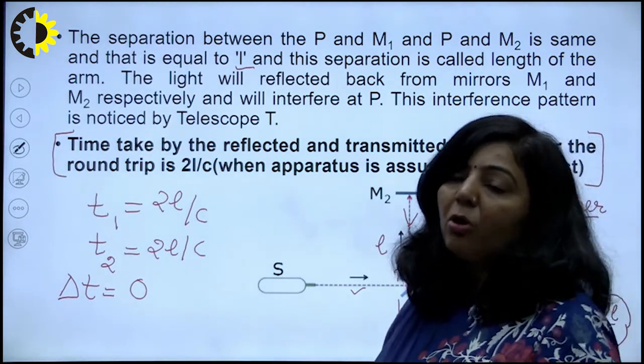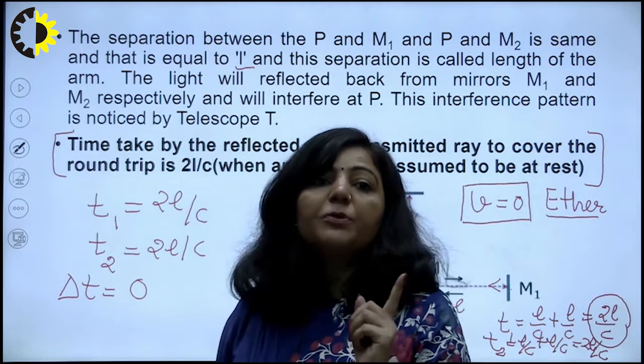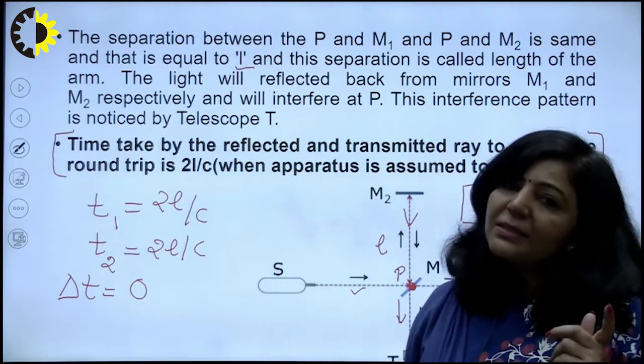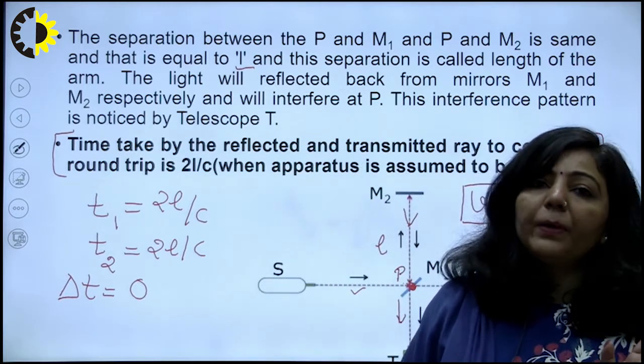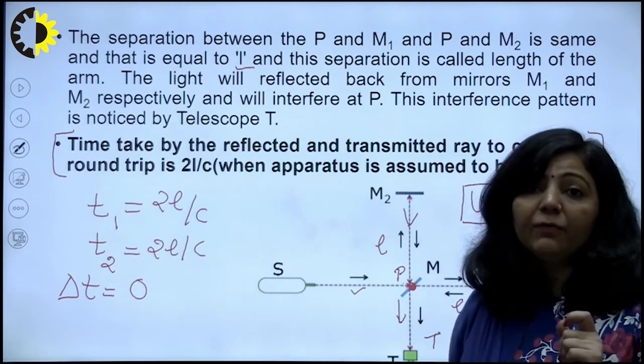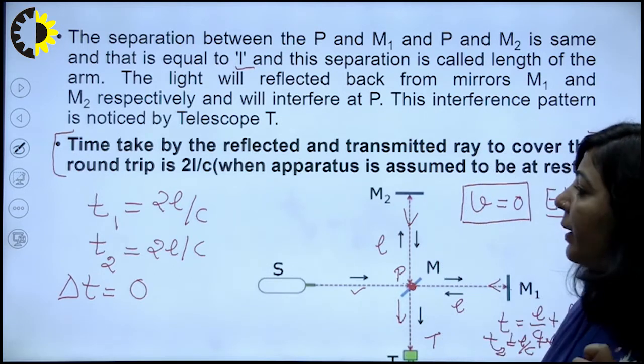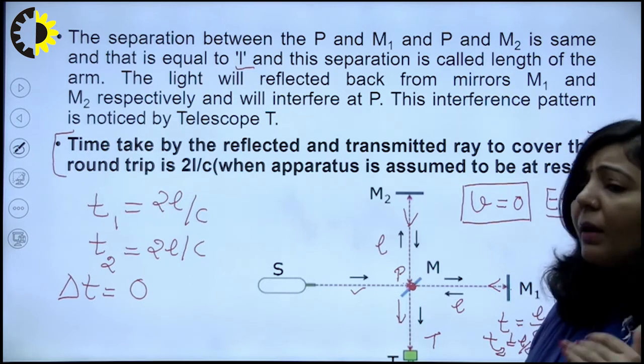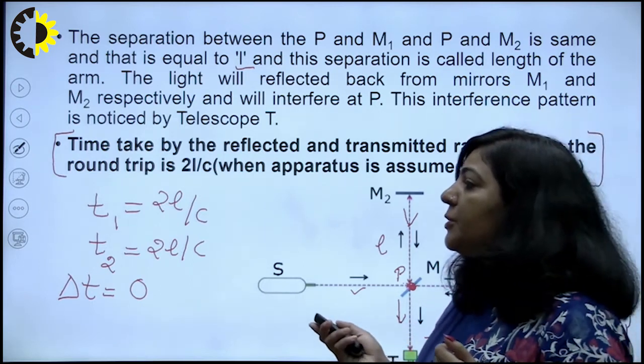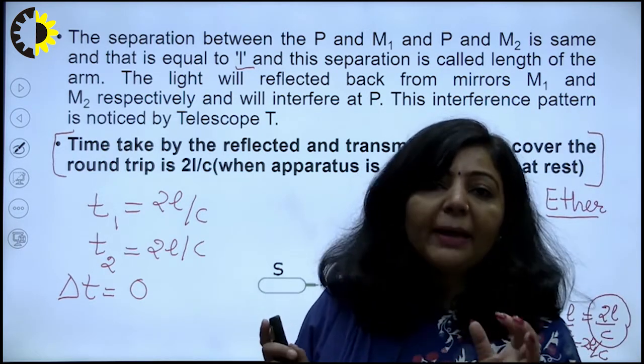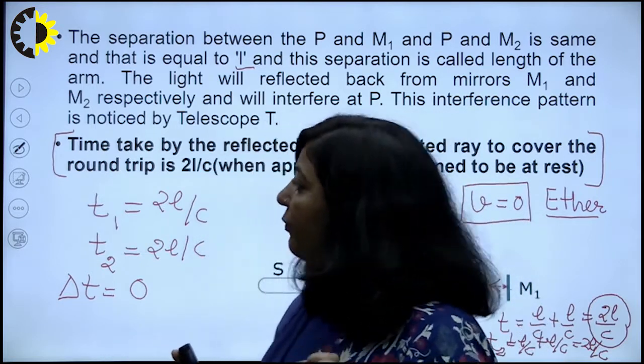So in the Michelson experiment, what is the objective? The objective was to prove the existence of ether by finding the relative velocity of Earth with respect to ether. The apparatus, the experimental setup, is called the Michelson interferometer. What are its main components?